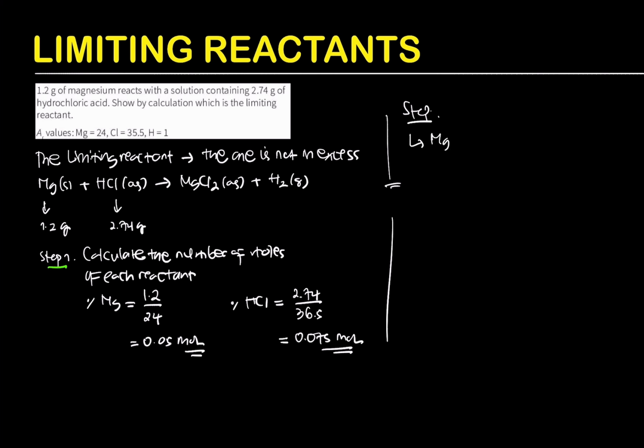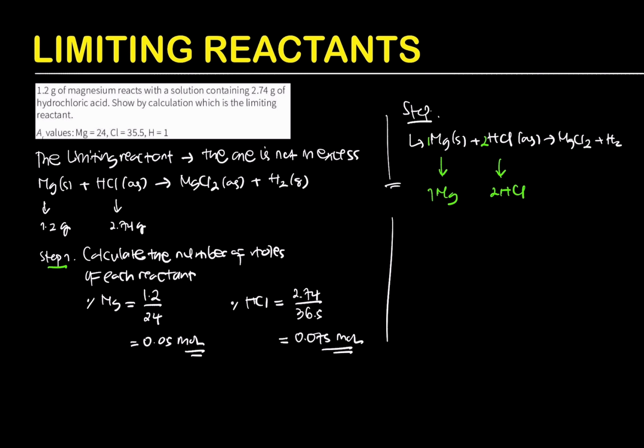Magnesium plus HCl turns into MgCl2 plus H2. Let's try to balance this. If we balance, HCl is going to be times 2 and Mg is 1. So we got 1 Mg and 2 HCl.